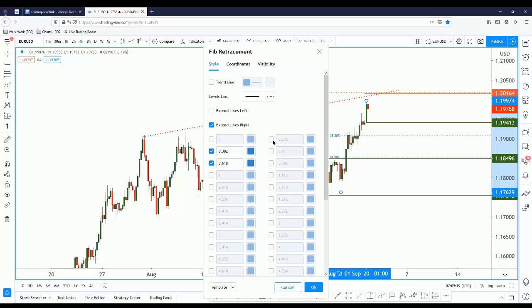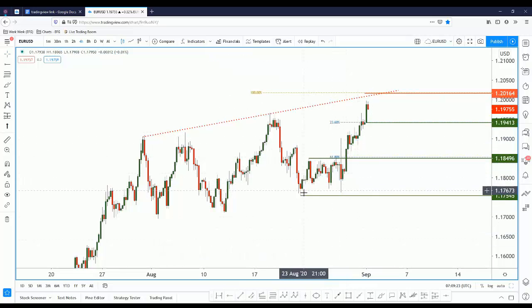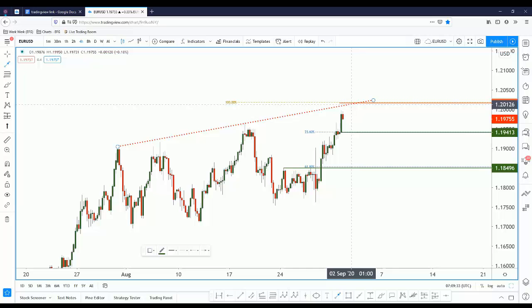This is of course the very super long term support on the daily, so we can actually just ignore it for now. But what I'm expecting price to do is a sort of pullback from this resistance level.